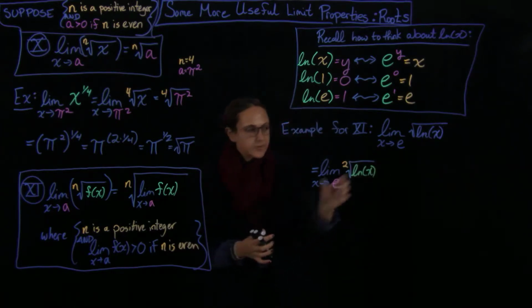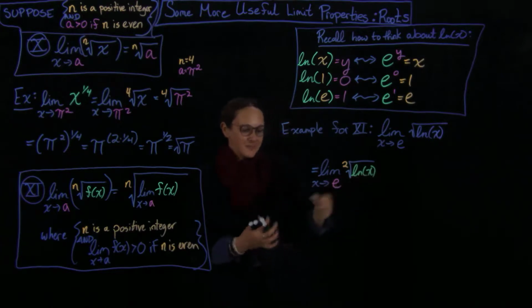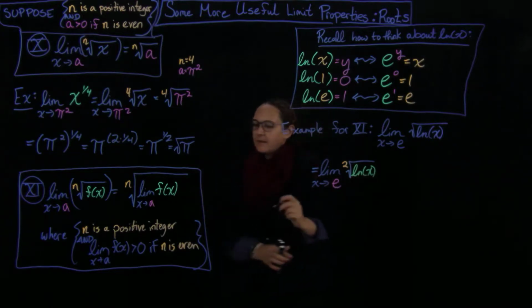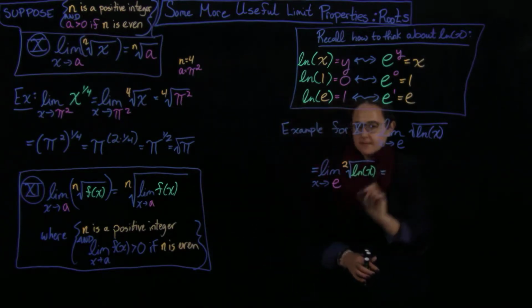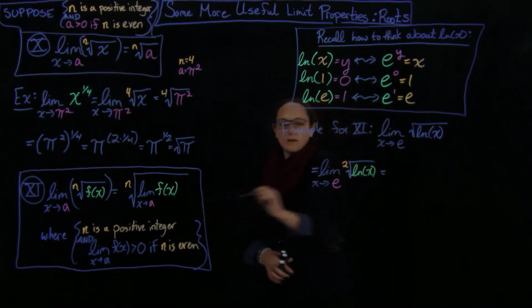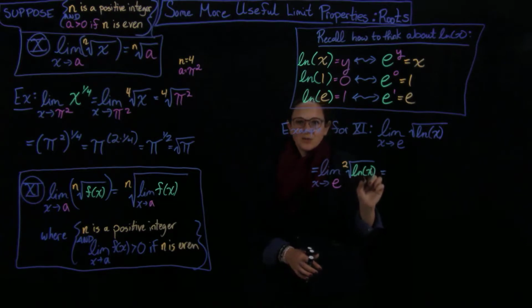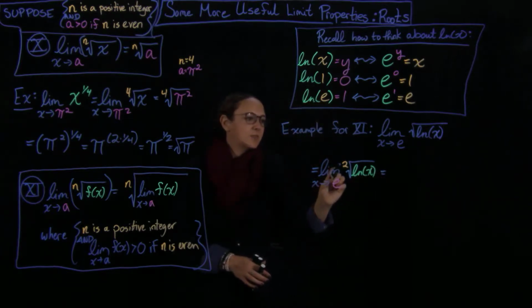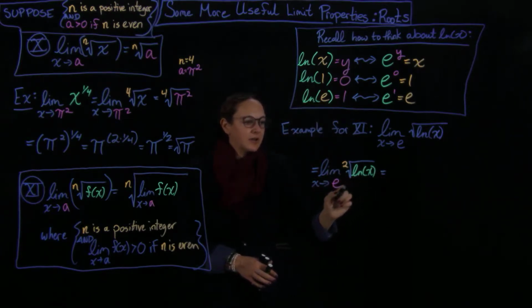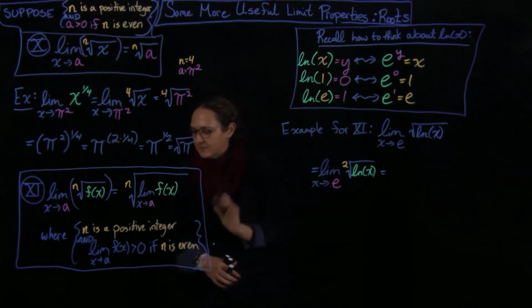And now we can bring the limit inside by this property. We do need to check here: 2 is a positive integer, and the natural log at e is going to be positive, so we're good.